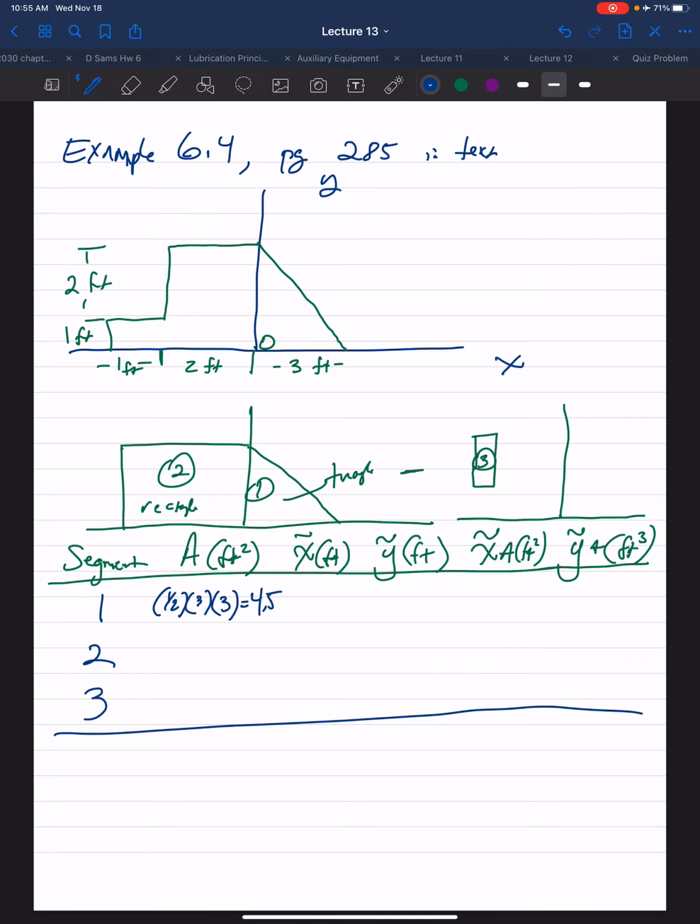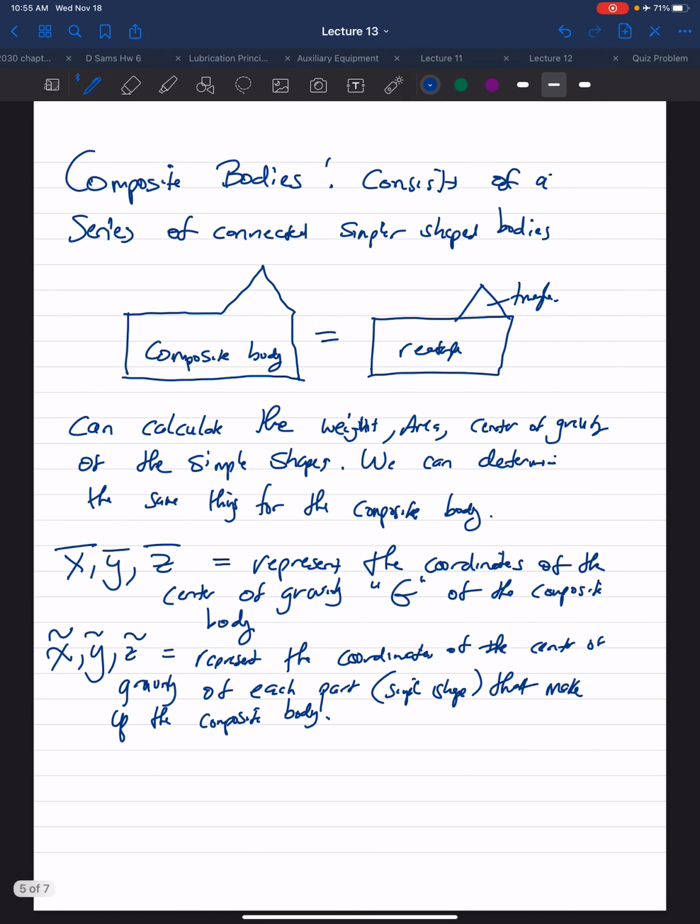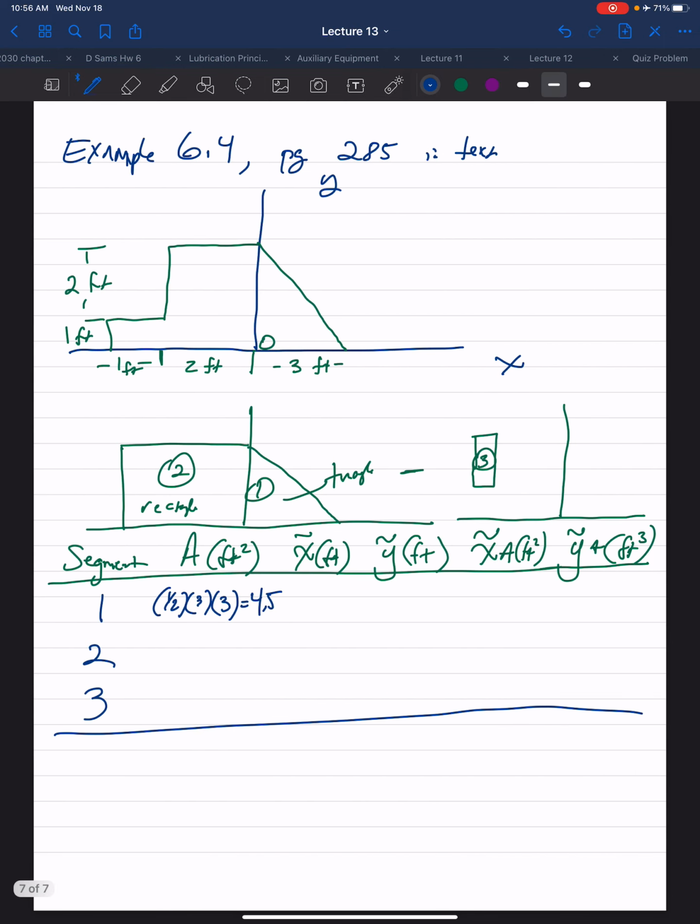X wavy bar, as we defined earlier, are the coordinates of the center of gravity of each simple shape part. Likewise with y wavy bar. So if the origin is here, and we know from Appendix B where the centroid, the geometric center, for a triangle is, somewhere right here, a third towards the larger side of the triangle.